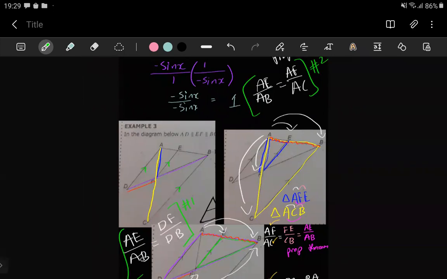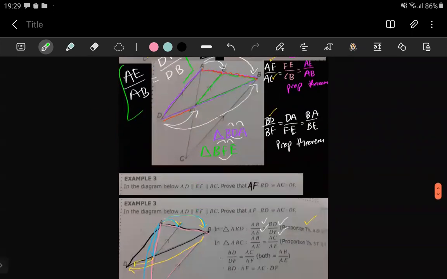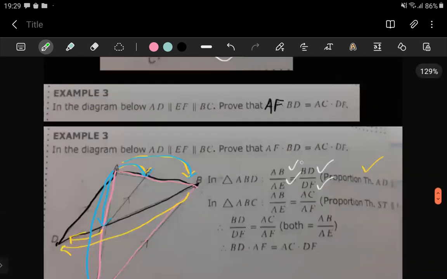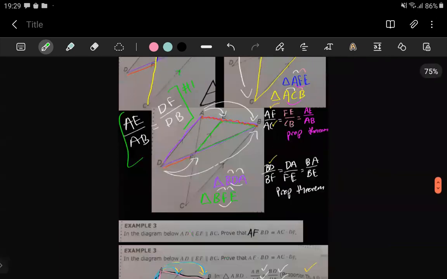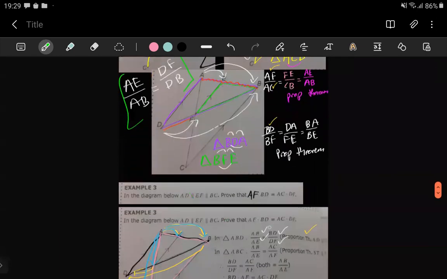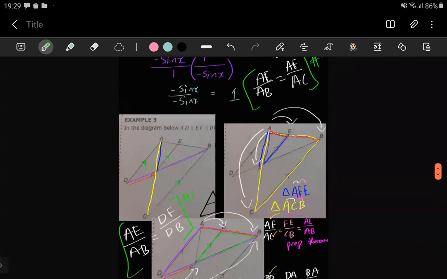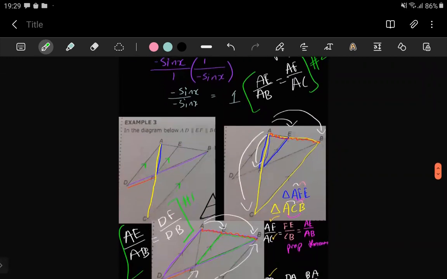So they're both equal to AE over AB. Looking at what we're trying to prove, there's no AE or AB anyway. So what's best to do is to just equate this with that, based on the fact that they are both equal to AE over AB.